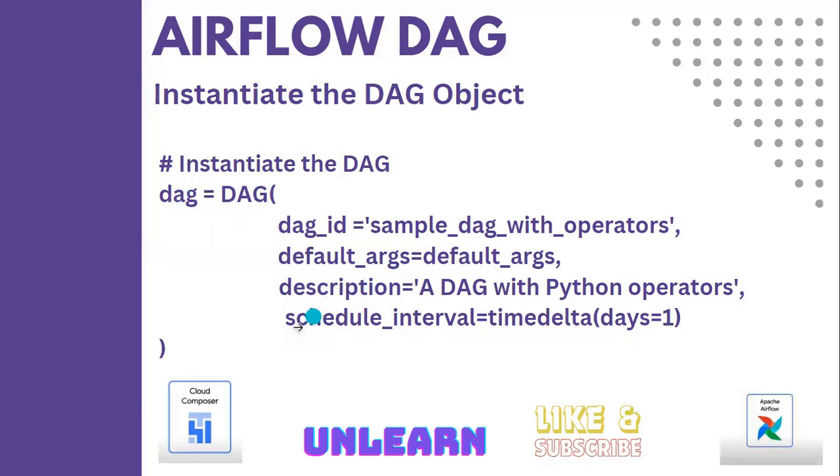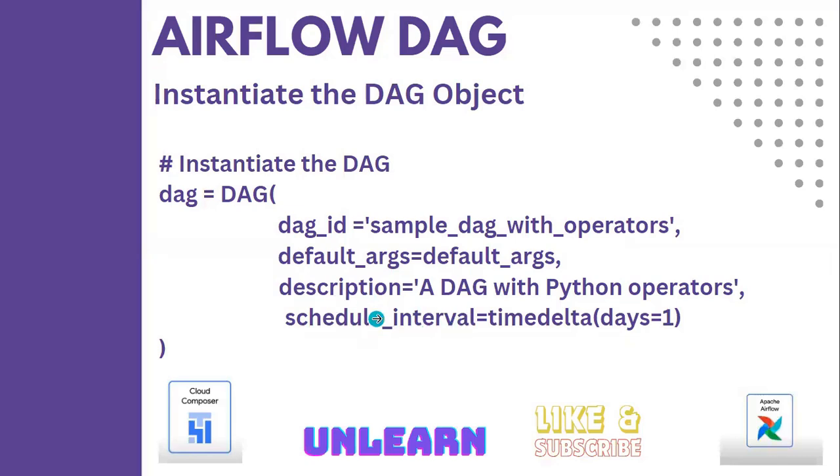All the dict objects, the parameters that you define in the default arguments, pass through this DAG object. In the description, we are giving the description for the DAG actually. The DAG ID says something about the logic, the workflow or the data pipeline that we are going to build through this DAG file. However, you can even give further information about the DAG file in the description parameter. And the next one is the schedule_interval.